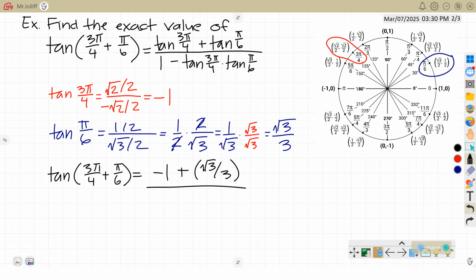The denominator of that formula, I have 1 minus, and then I have tan 3 pi over 4 times tan pi over 6. So tan 3 pi over 4 is -1. Tan pi over 6 is √3/3. Ugh. Gross. Icky gross.